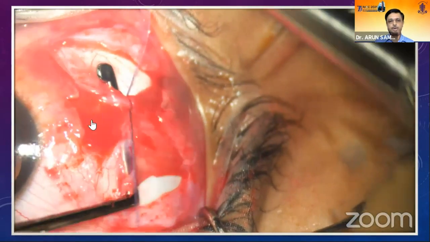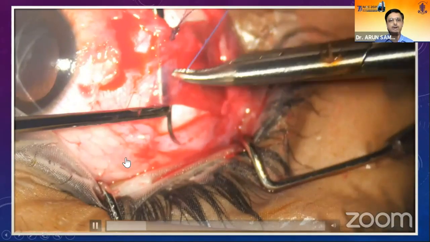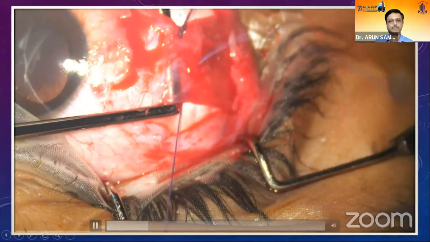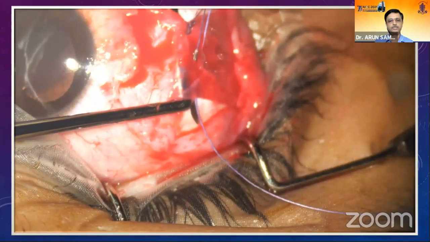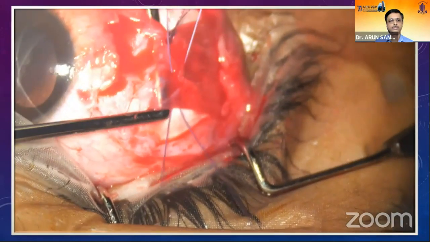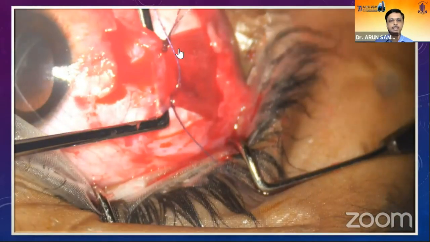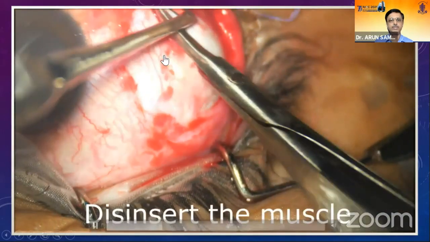This is very, very important. You have to secure the muscle tightly, otherwise you may end up with a loss. I've tied two sutures on either end of the muscle, and now I am distance setting the muscle.